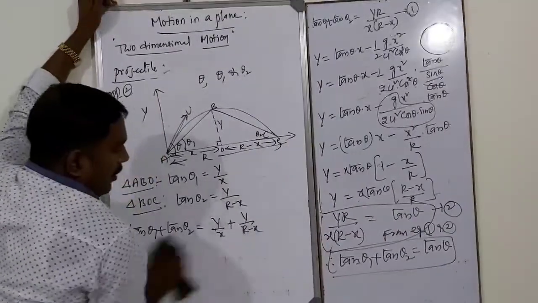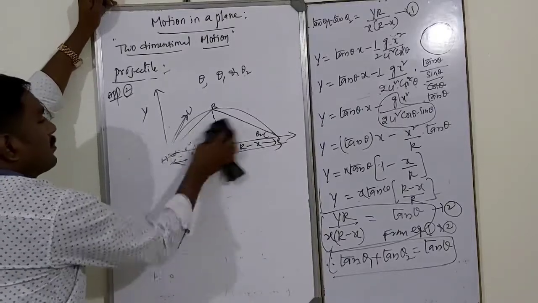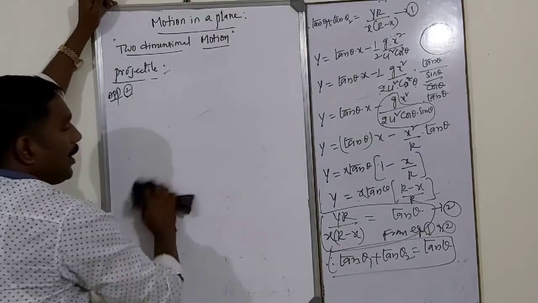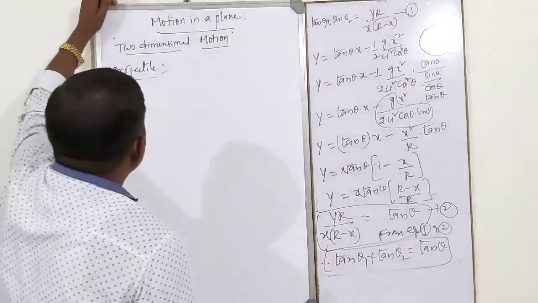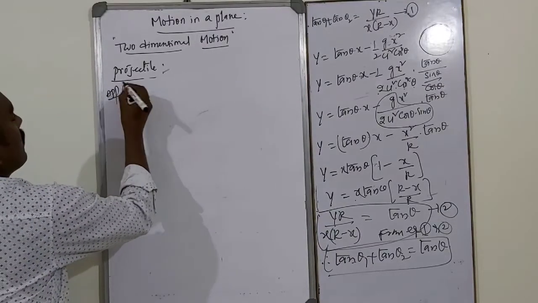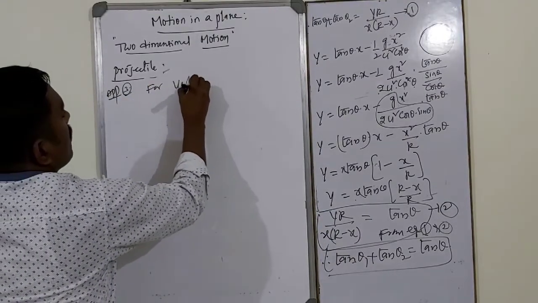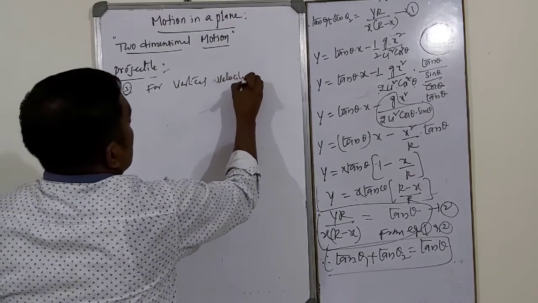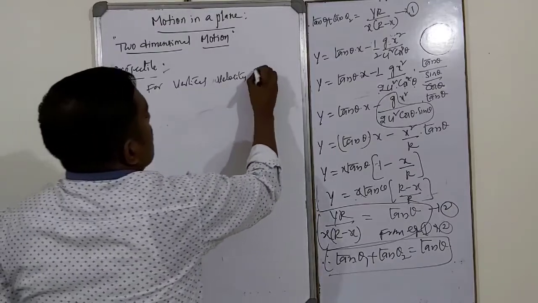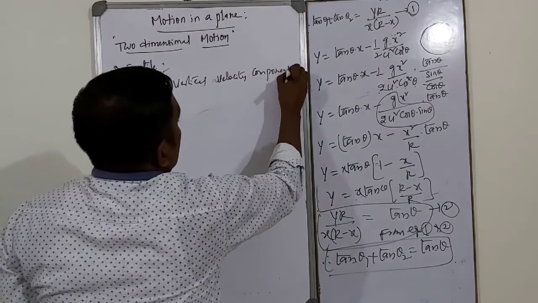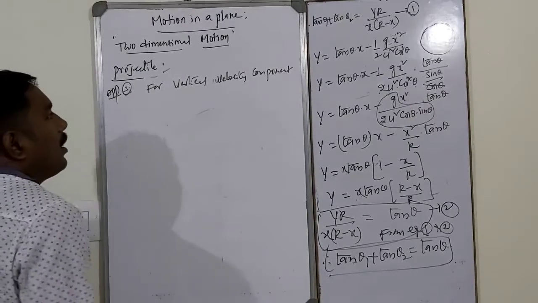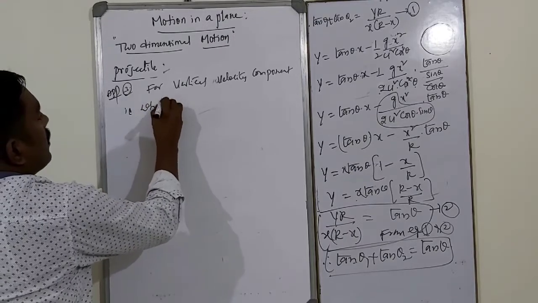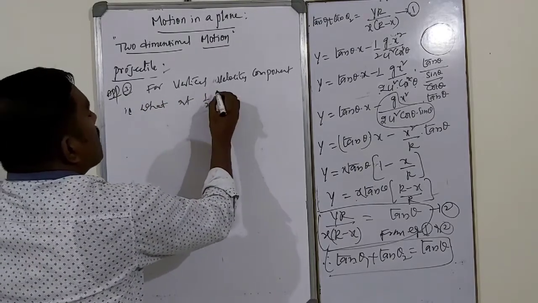Next, for projectile motion, what is the vertical velocity component at half of the maximum height?